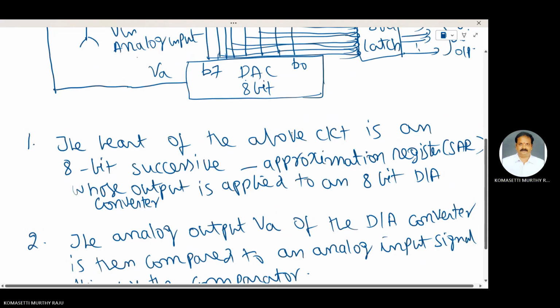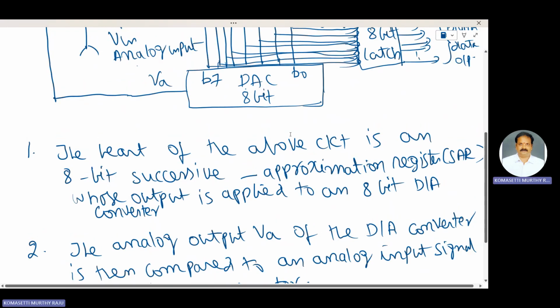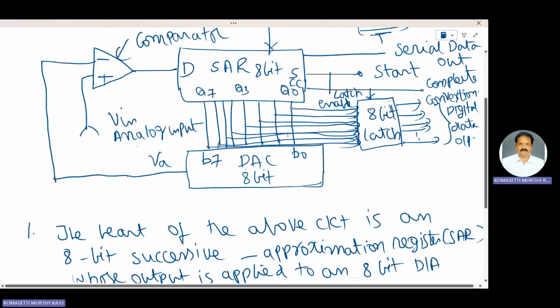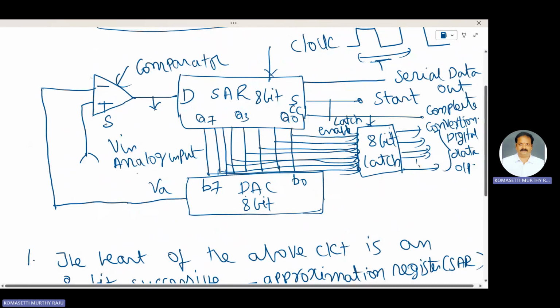The output of the comparator is serial data to the SAR. The output of the comparator is the serial data input to the SAR.